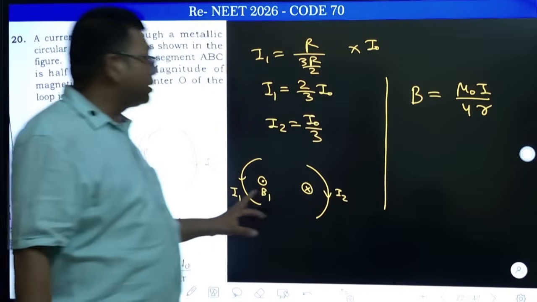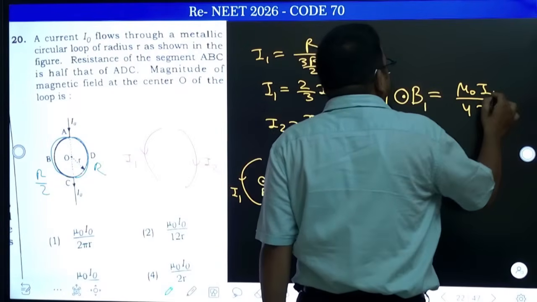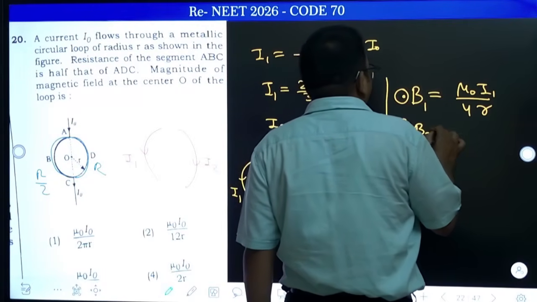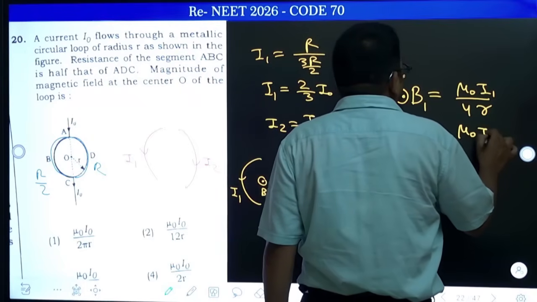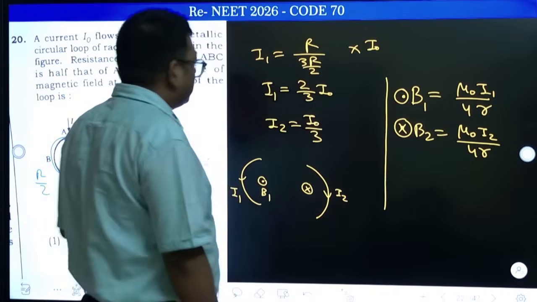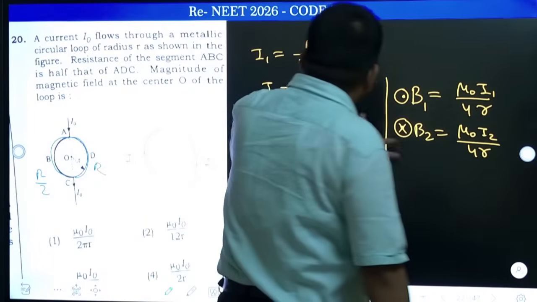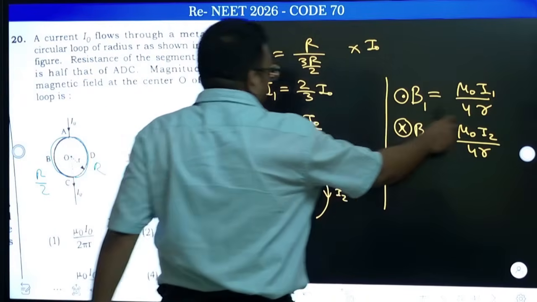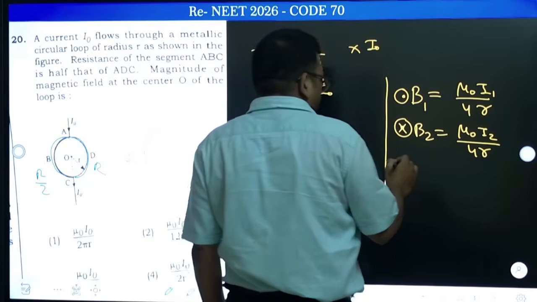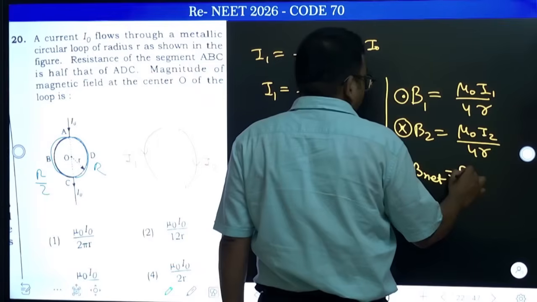So B1 will be a dot, mu naught I1 by 4r, the radius is the same, and B2 will be a cross, mu naught I2 by 4r. Now first of all, check one thing: you can substitute values. Which is larger? Definitely this one, because I1 is more. So the net magnetic field will be a dot only, which will be B1 minus B2.